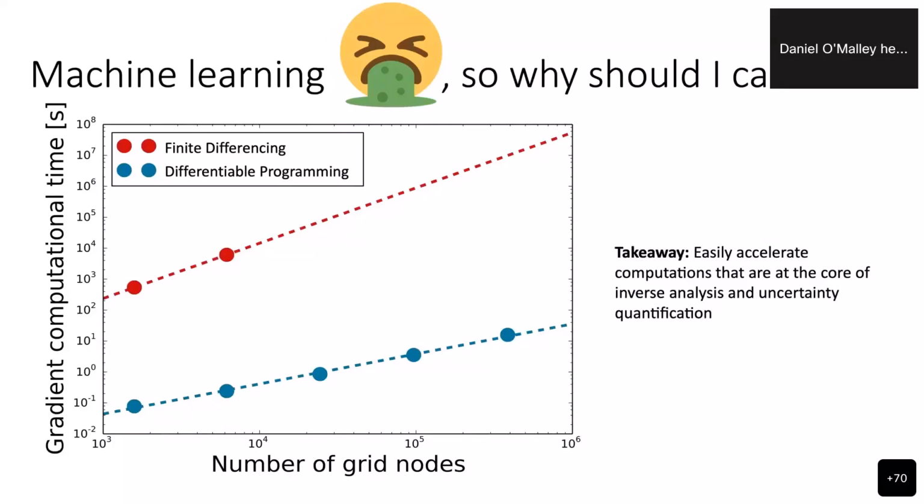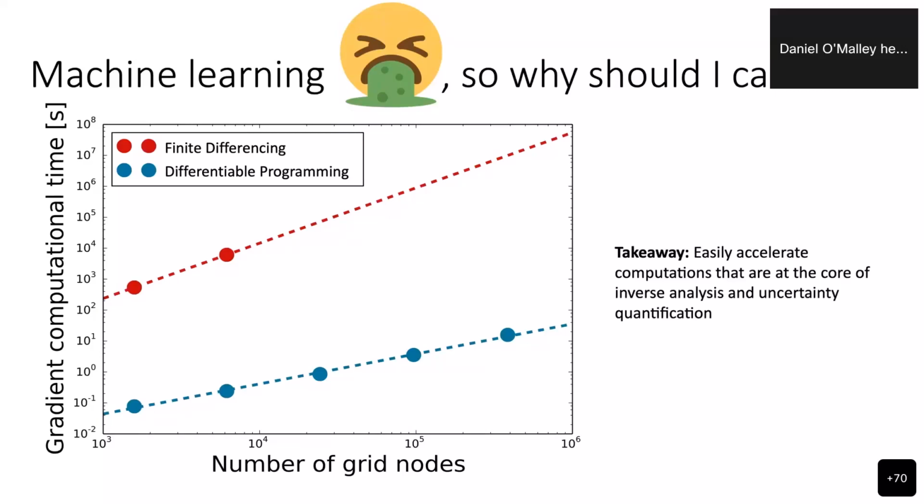So this plot you can think of as the time to compute the gradient as a function of the number of nodes on our mesh. The blue line is how long it takes to compute this gradient using DPFEHM, and the red line is how long it would take using LANL's existing simulator called FEHM. So it dramatically accelerates this.